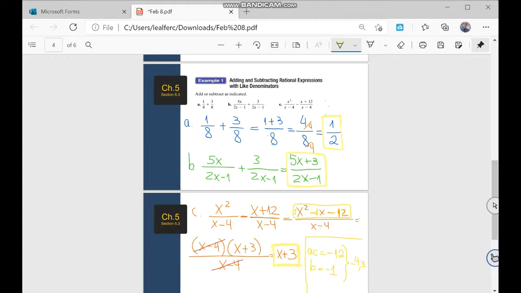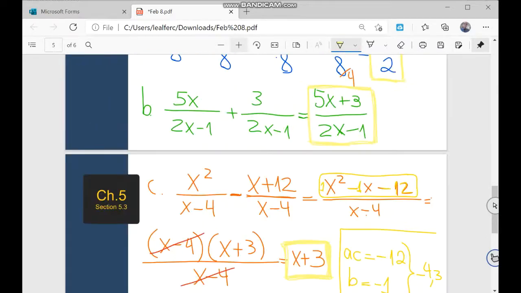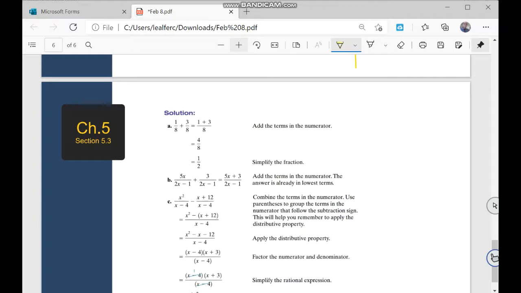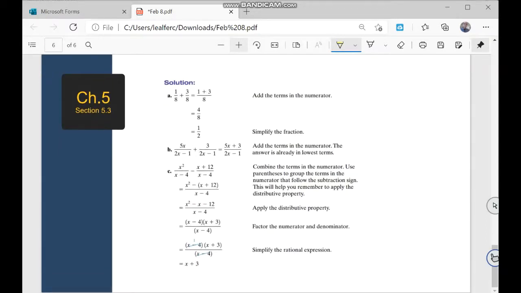But after that, to factor out and simplify, yes, sometimes it might be tricky. That's what I want to show you. If you want to check the explanation from the book for this, you have all the steps here, step by step.